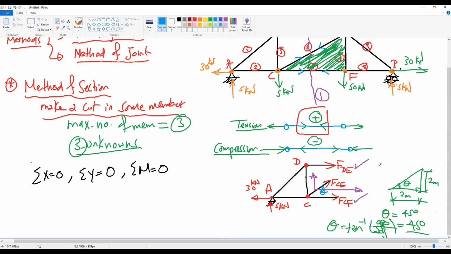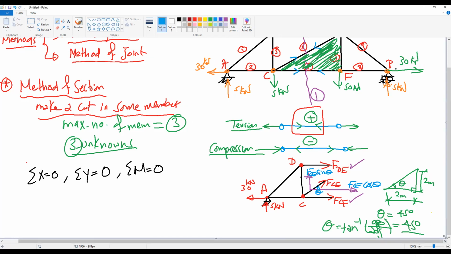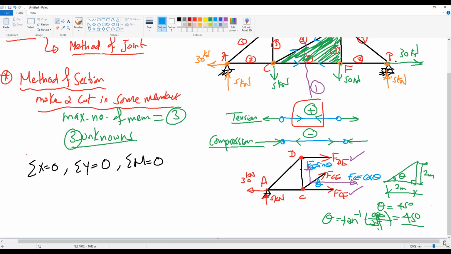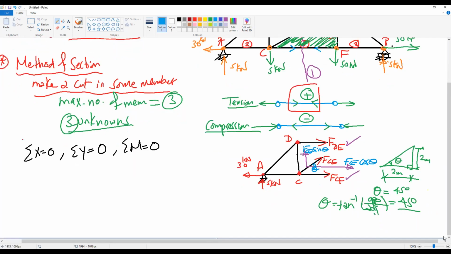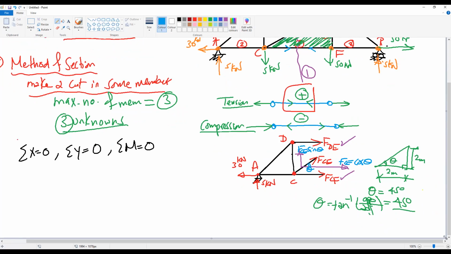Okay, so if we are here now, this will be our theta. So the vertical component will be FCE sine theta. The horizontal component will be FCE cosine theta. Okay. Do you have any question for that? So now we know that theta is 45 degrees.